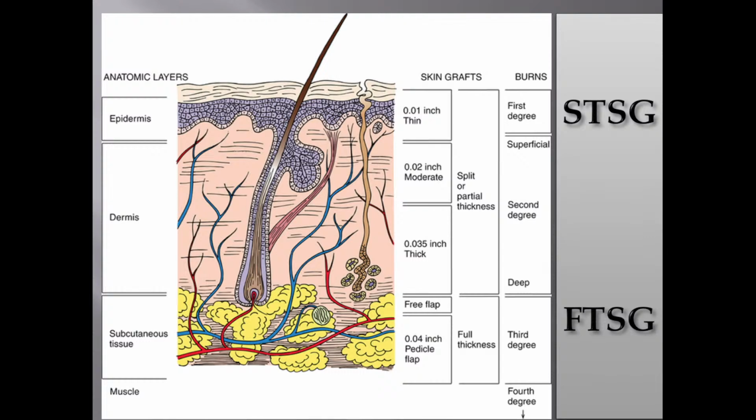Split thickness skin graft consists of epidermis and a portion of dermis mostly, and thickness of the graft varies, and they are classified as thin, medium or moderate, and thick, depending on the amount of dermis included.